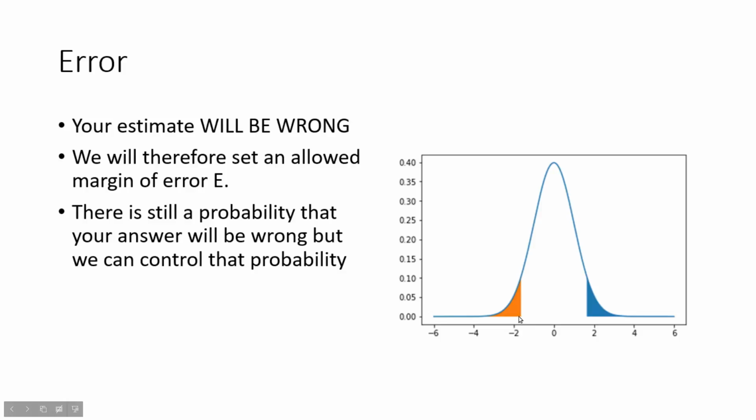Now we've set it up so we're giving ourselves a margin of error from here to here, and this over here is beyond the margin of error, and this over here is beyond our margin of error. So if we get an x bar over here or over here, we're saying our answer is wrong. So giving ourselves a margin of error is sort of a new definition of what right means.